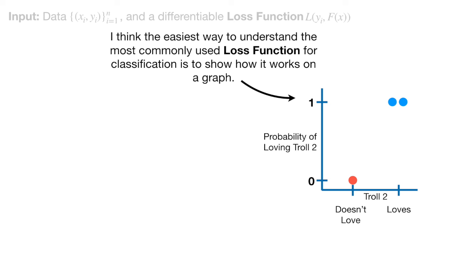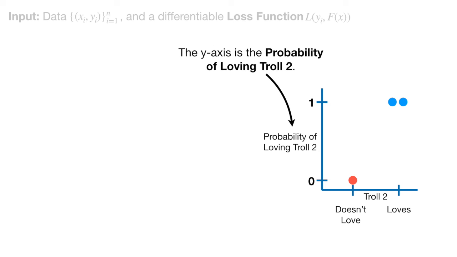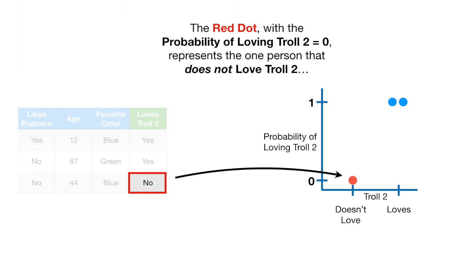I think the easiest way to understand the most commonly used loss function for classification is to show how it works on a graph. The y-axis is the probability of loving Troll 2. The red dot, with the probability of loving Troll 2 equal to 0, represents the one person that does not love Troll 2.